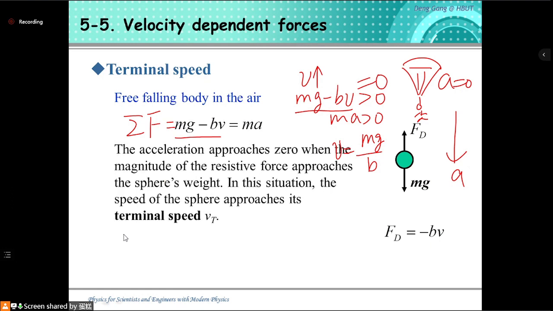When the speed is increasing and it reaches a terminal speed, which makes the acceleration 0, the speed will no longer increase. In this situation, it will go on moving with this terminal speed Vt.